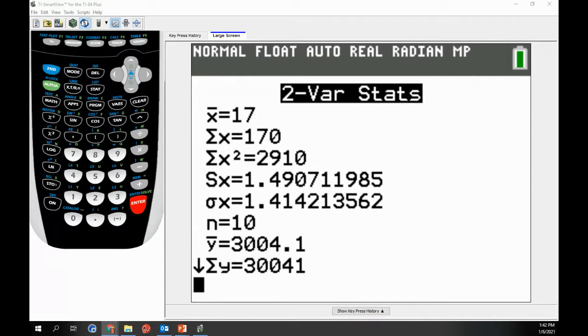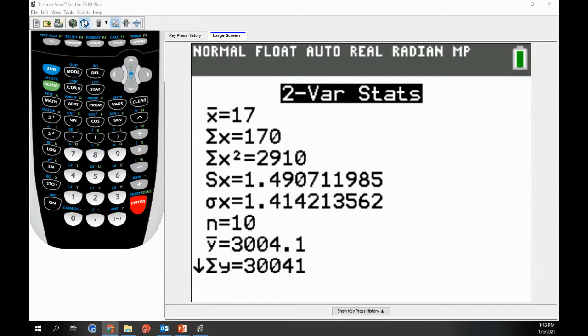So based on the one variable stats, what would our n be? 10. What about the sum of the x's? 170. Yep. Sum of the y's? That's right.